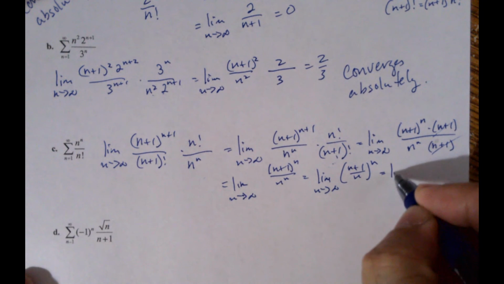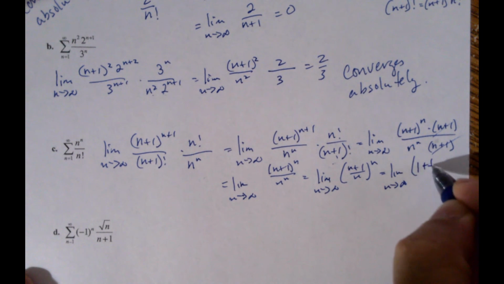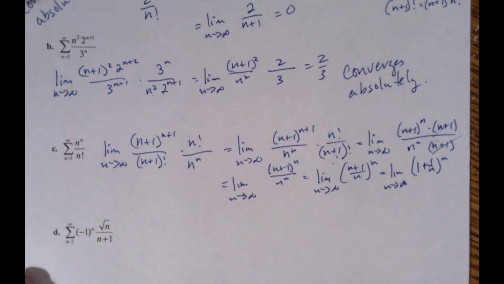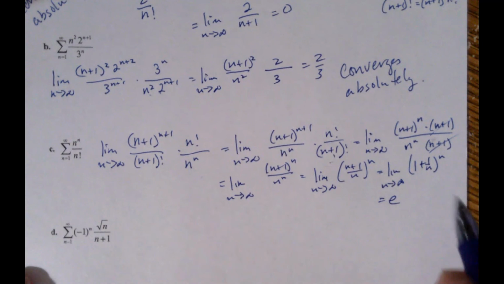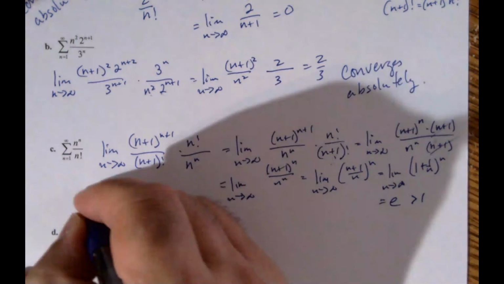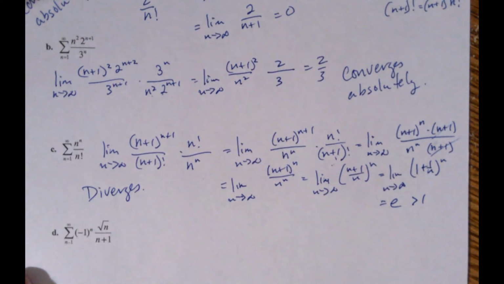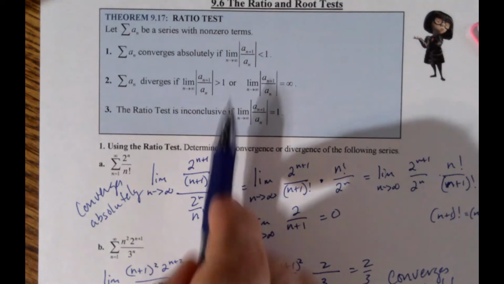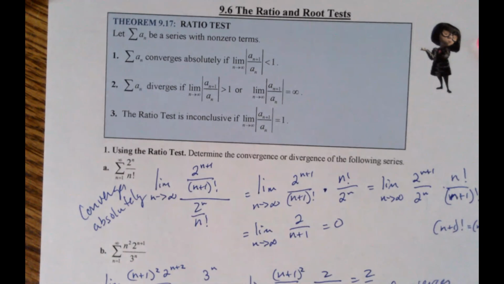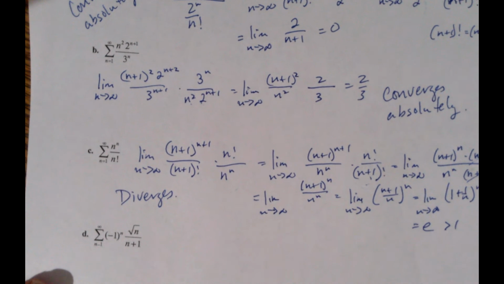And this is exactly the same as 1 plus 1 over n to the n. This has a limit of e. This is greater than 1, so this diverges. Okay, remember if it's bigger than 1 or infinity, it diverges. And this is e, which is 2.7, so it's bigger than 1, so it diverges.